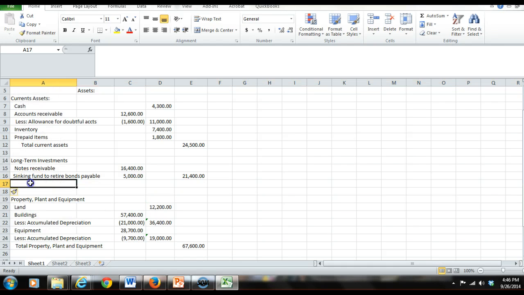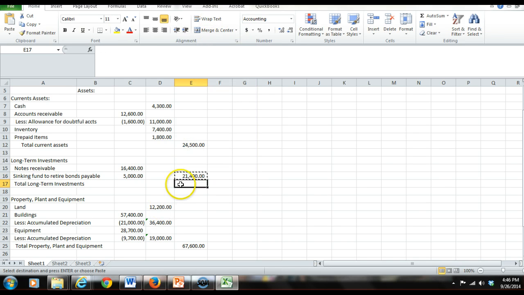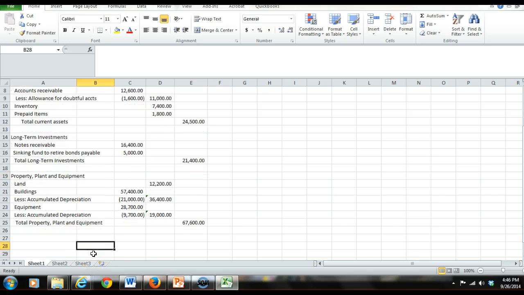Make sure I total my long-term investments. I'll just cut and paste that there. So we've got three aspects of our accounts taken care of, and then we'll move on to our intangibles.